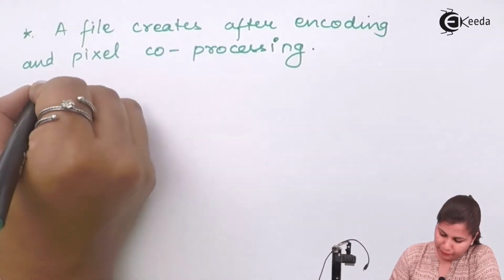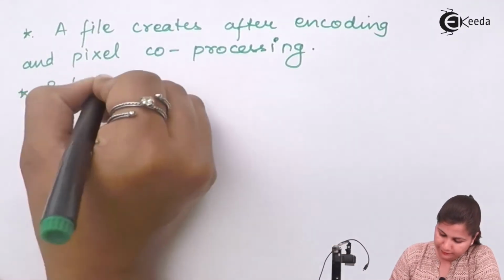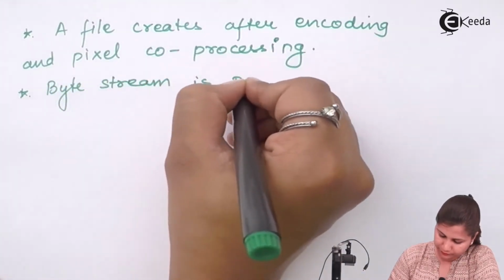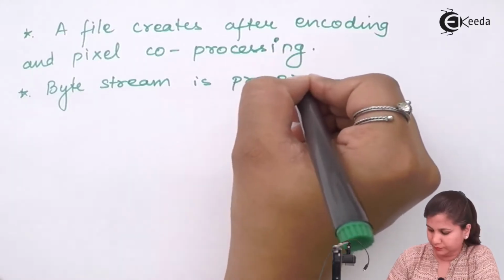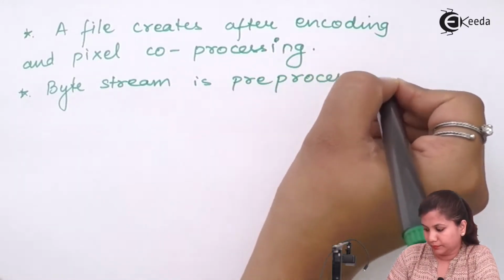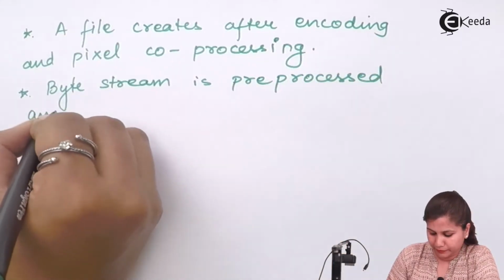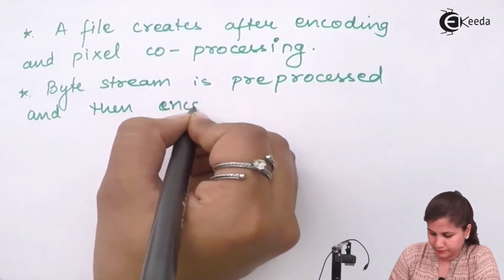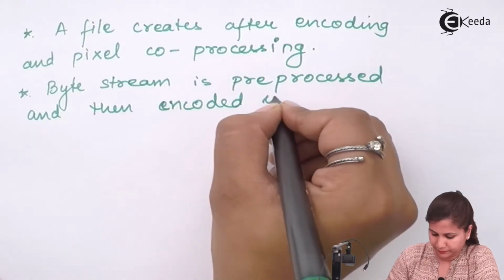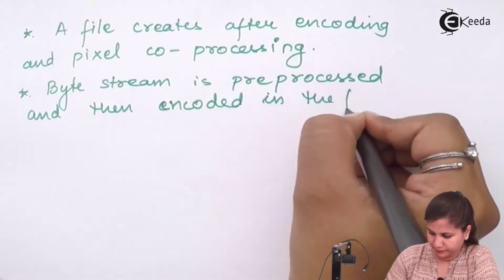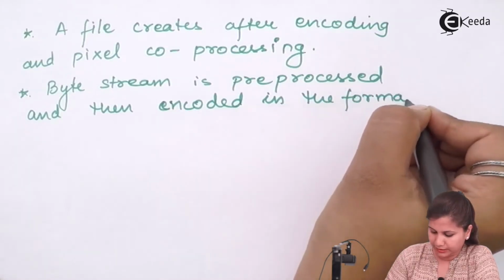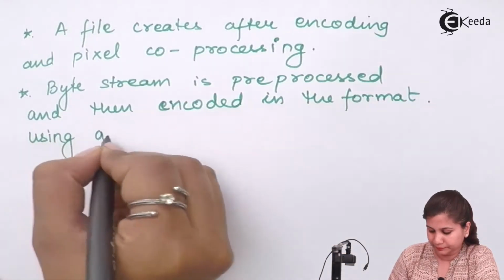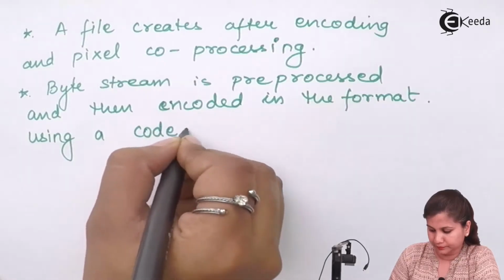After that the byte stream is pre-processed and then encoded in the standard format using a codec.